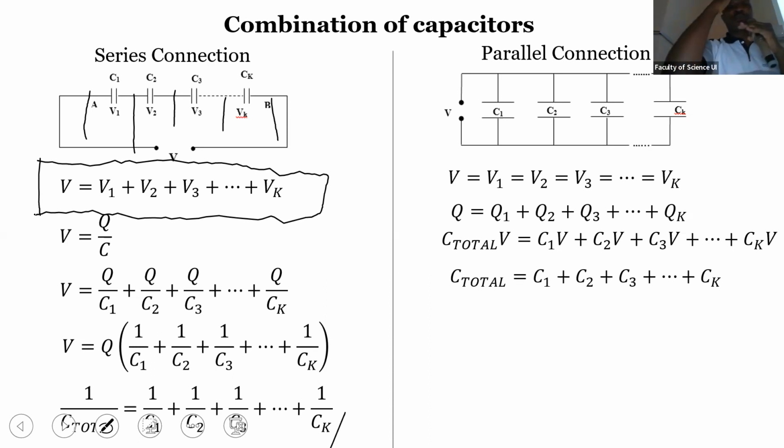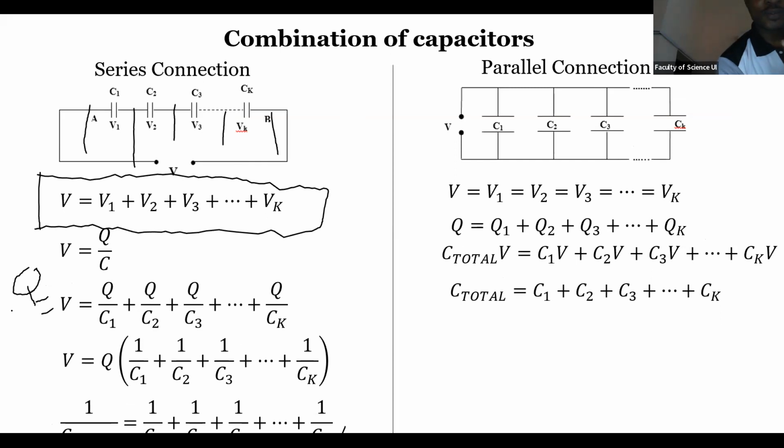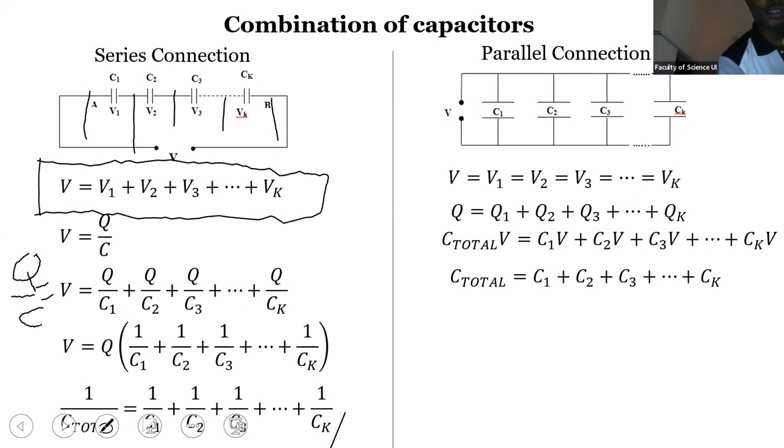And we know a standard rule that says that V is equal to Q over C. So by that, we can replace all the V's with Q over C. In short, this first V here is also Q over C total.